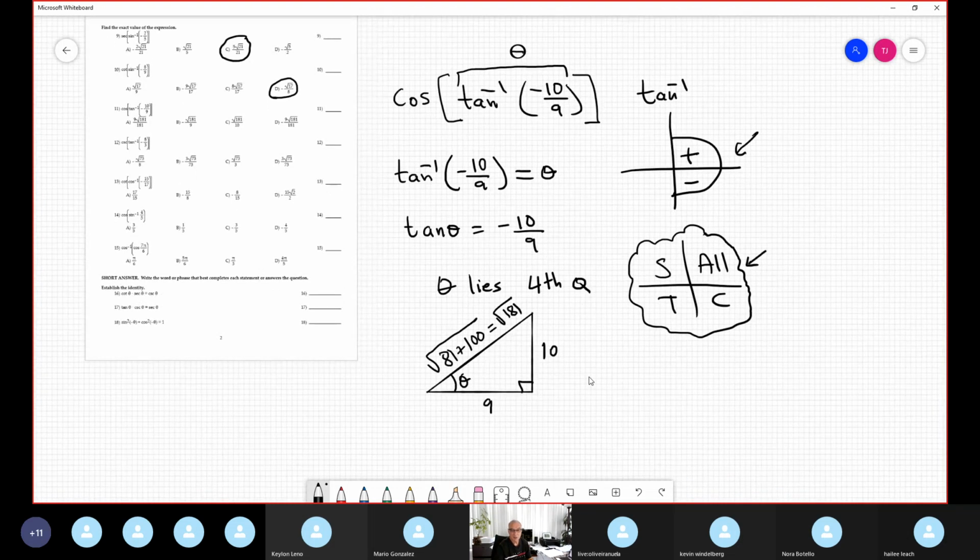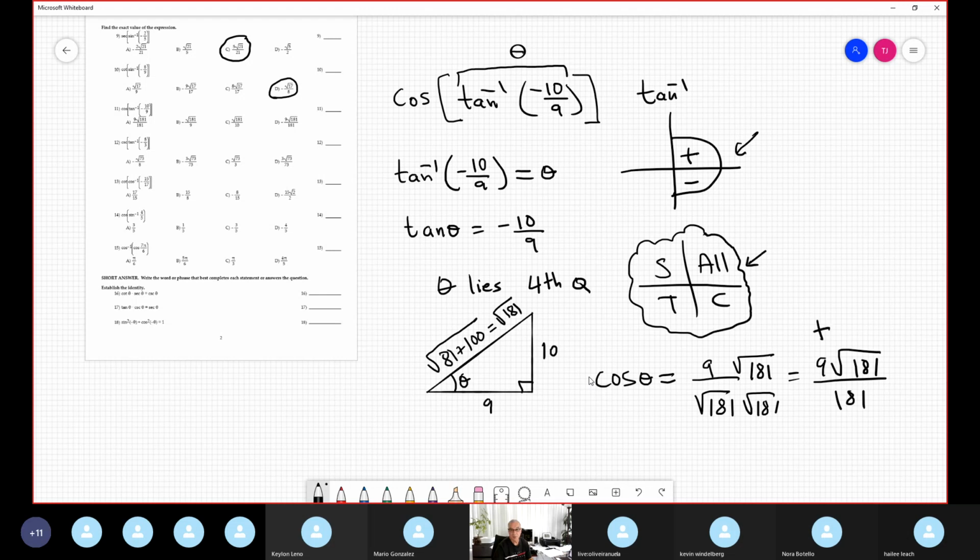Finally, cosine theta is the ratio between adjacent over hypotenuse, which is 9 over the square root of 181. Rationalize is the easy part: 9 radical 181 divided by 181. And the answer is positive or negative?